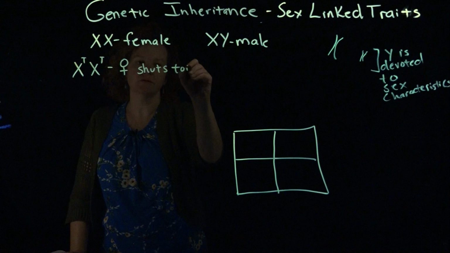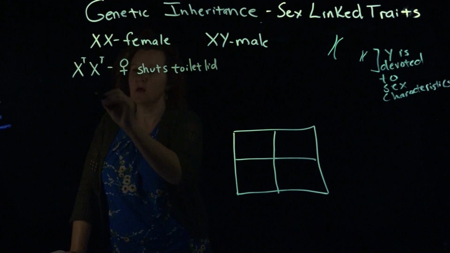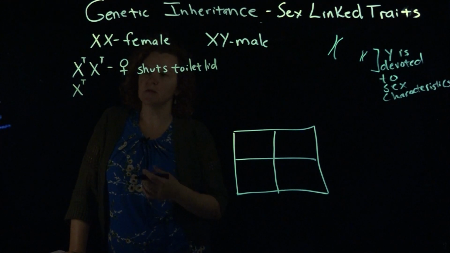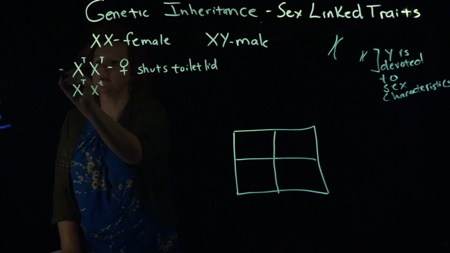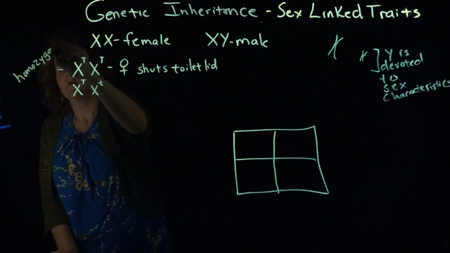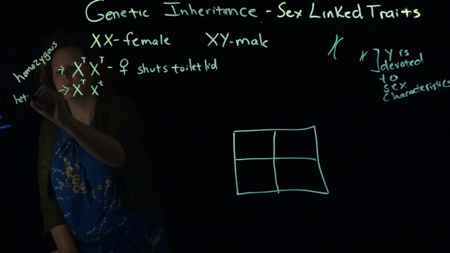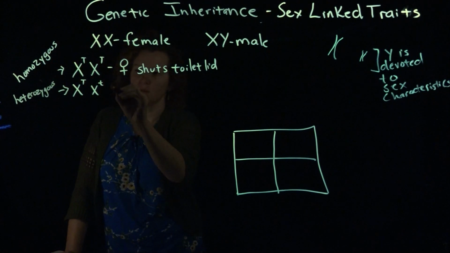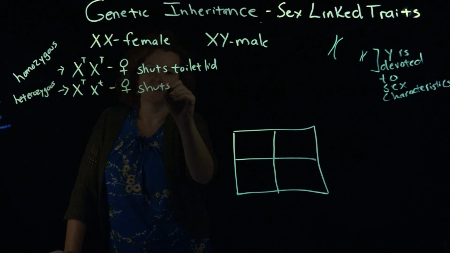So if you live in a house with men and women, you know this can be a point of contention. So we use this as kind of a fun example. But also, because this particular trait that we made is dominant, if you have a heterozygous combination, so this is homozygous over here, and this one's heterozygous, you're going to have also a female that shuts the toilet lid.